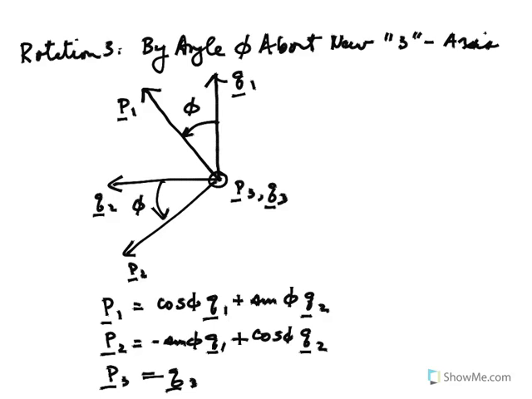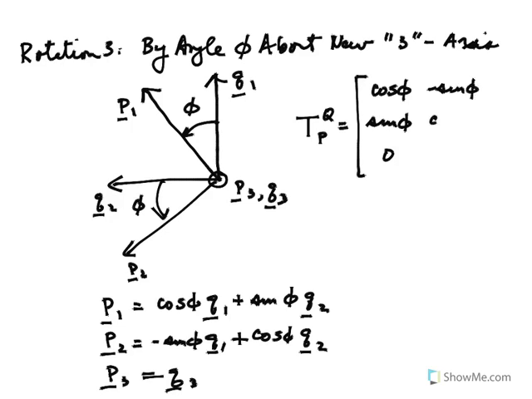So from this, I can actually get the third transformation. The transformation from P to Q is going to equal cosine of phi, sine of phi, 0; minus the sine of phi, cosine of phi, 0; 0, 0, 1. And that takes care of the third transformation.